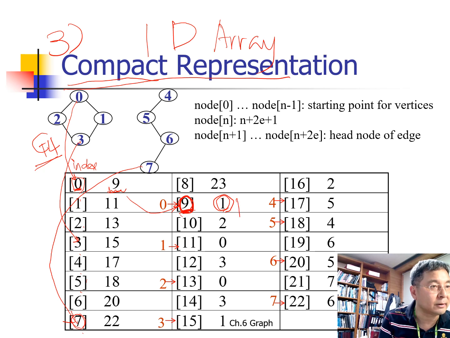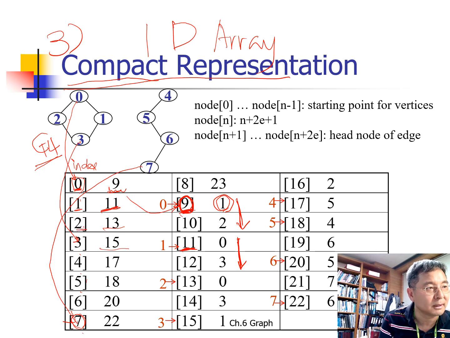Until where? We will see the next value of this array: at index 1, the value is 11. This means that from 11, they will start to store for vertex 1. So this one is one set. And from 13, from 15, they will start to store the adjacent vertices of vertex 2.